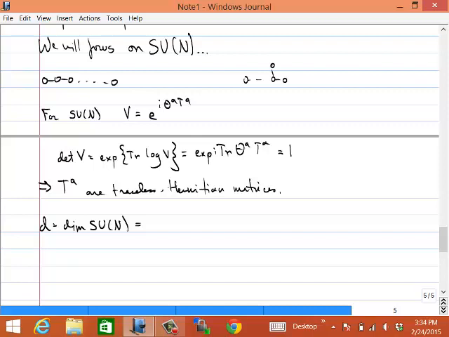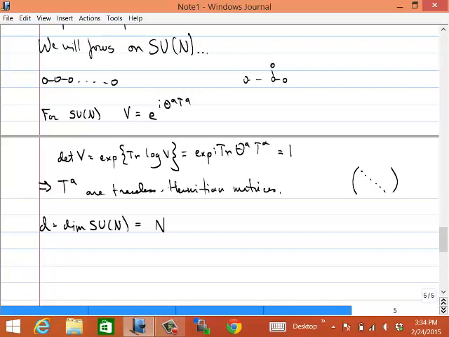So what is that? Well, let's think about a Hermitian N by N matrix. It has to be equal to its adjoint. So that means that the diagonal entries must be real numbers. So you're going to have an N in the dimension coming from counting those real numbers.